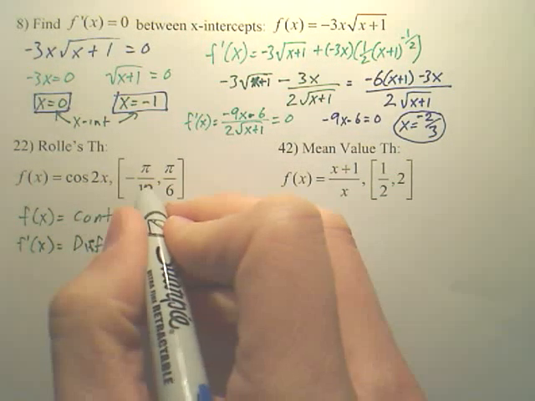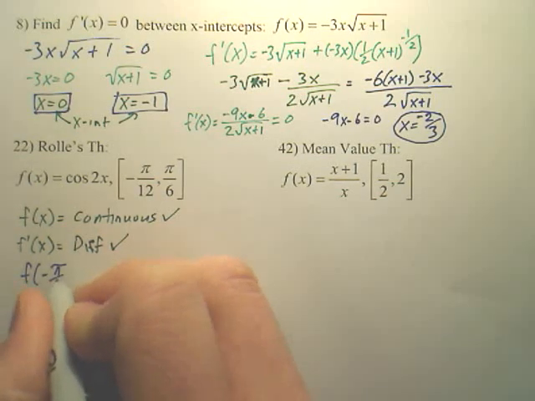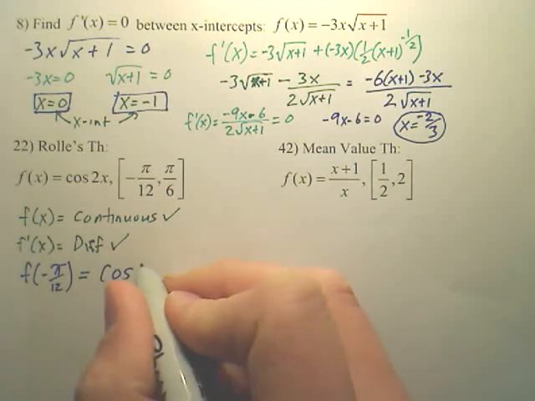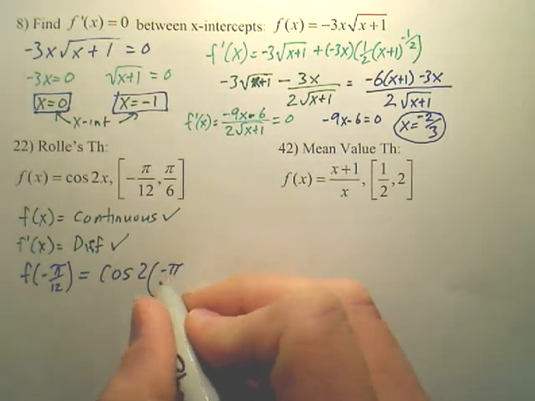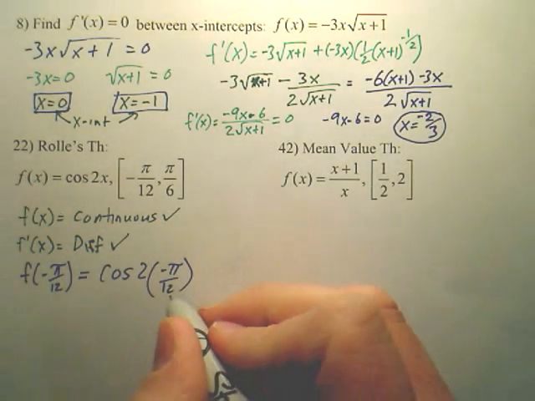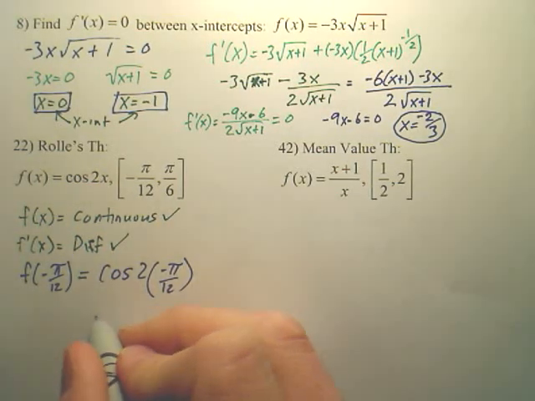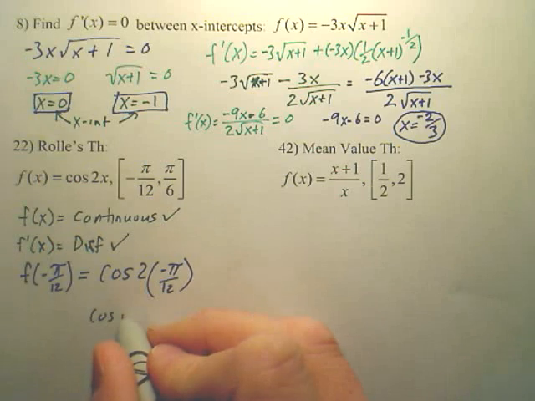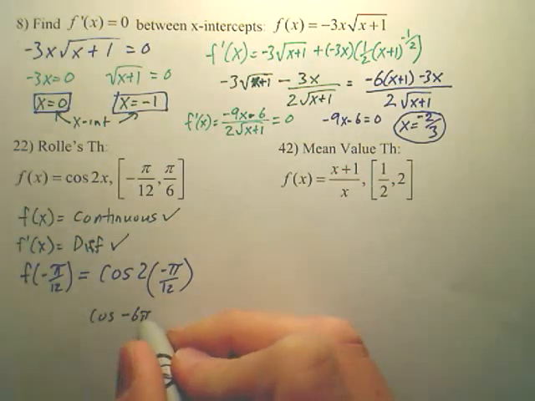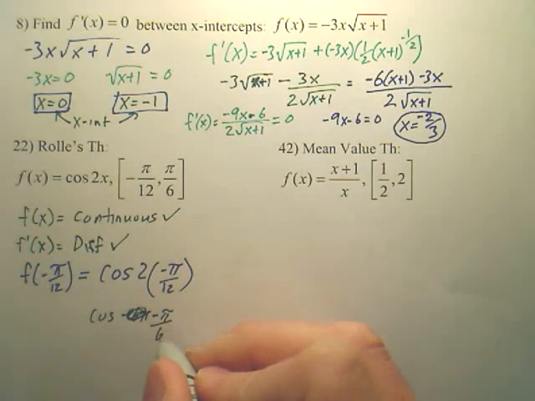The next question is, when you plug in these 2, are they equal? So f of negative pi over 12 would be cosine 2 times negative pi over 12, which would be cosine negative pi over 6.